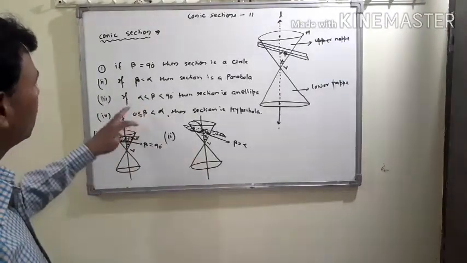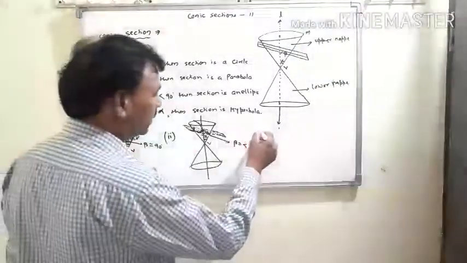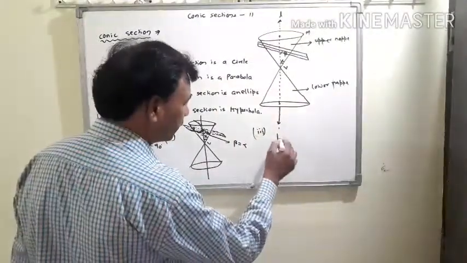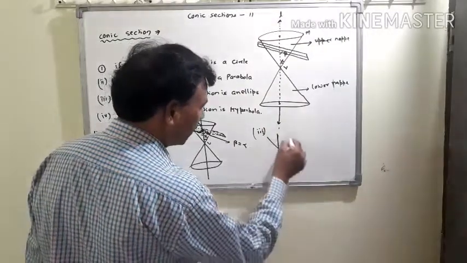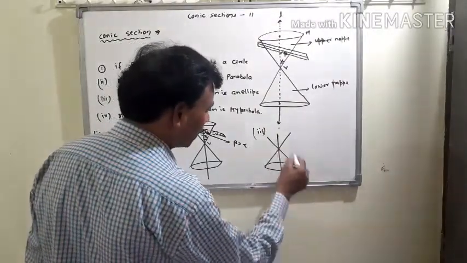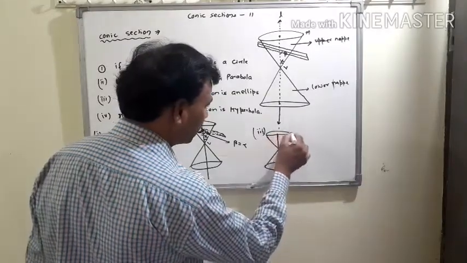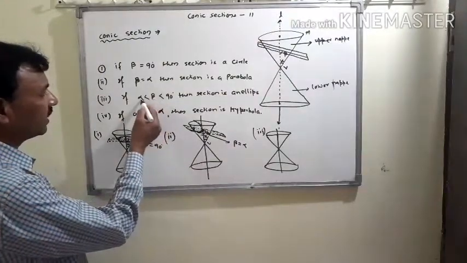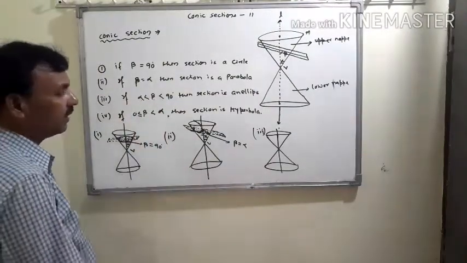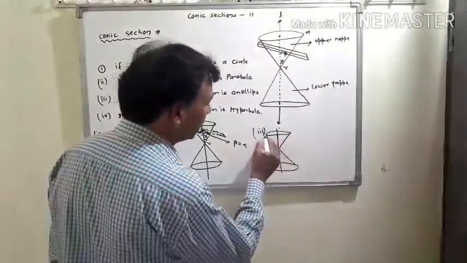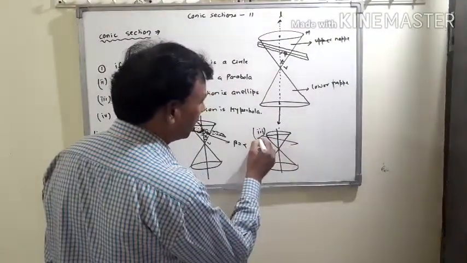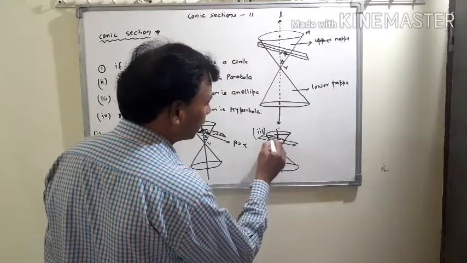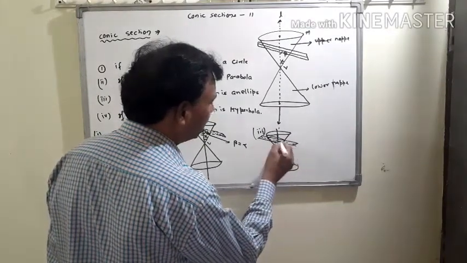And when this double napped right circular cone is cut by a plane such that beta angle is greater than alpha but less than 90 degrees, then we can find an ellipse.